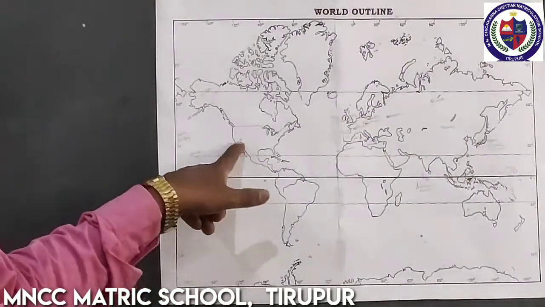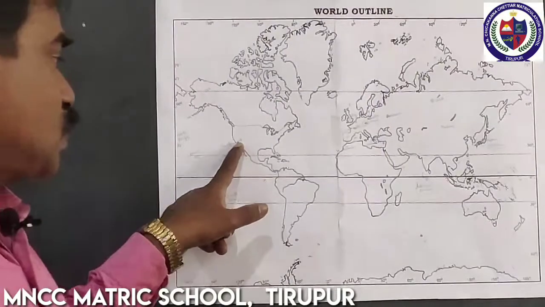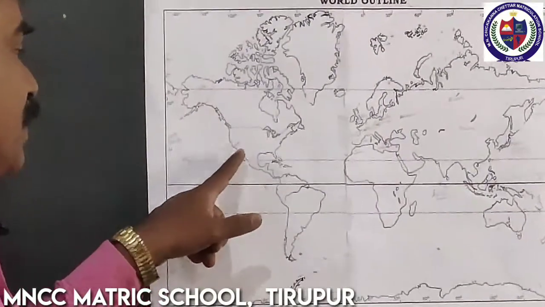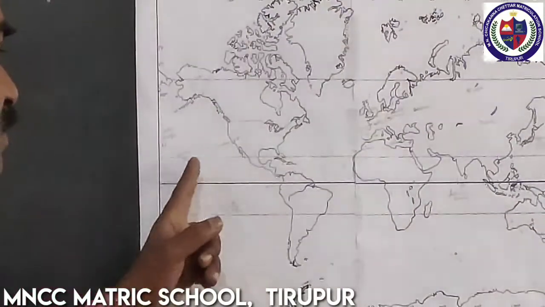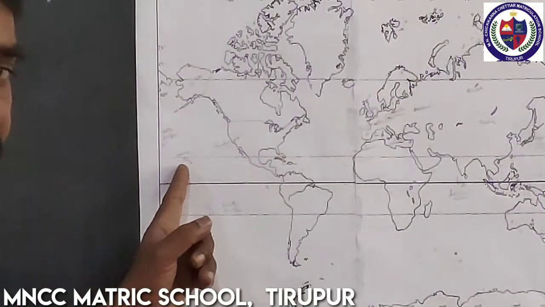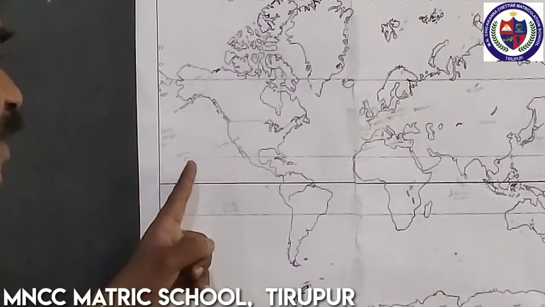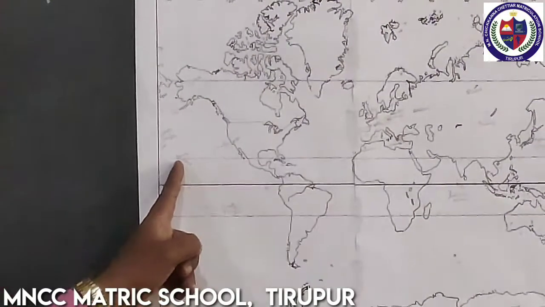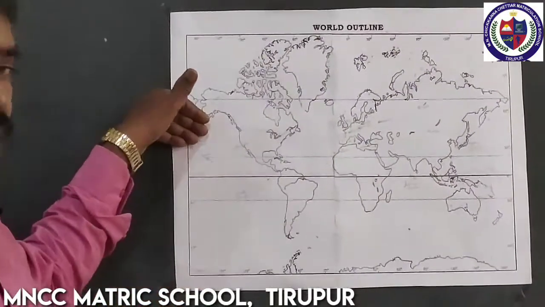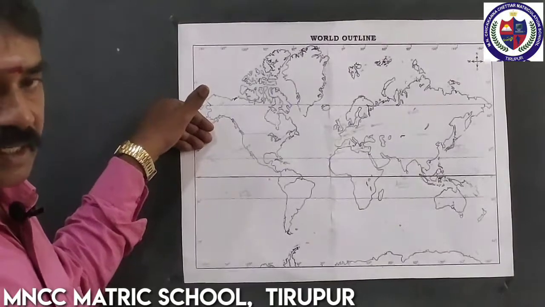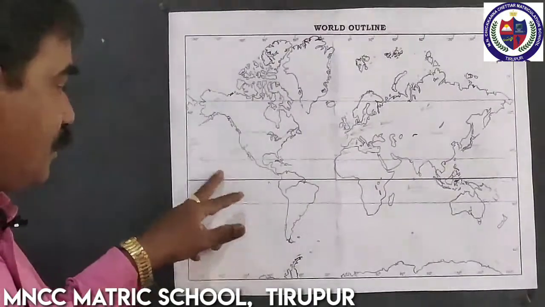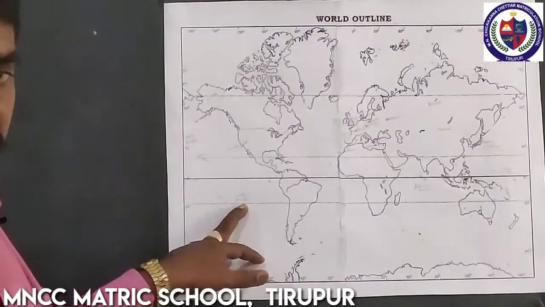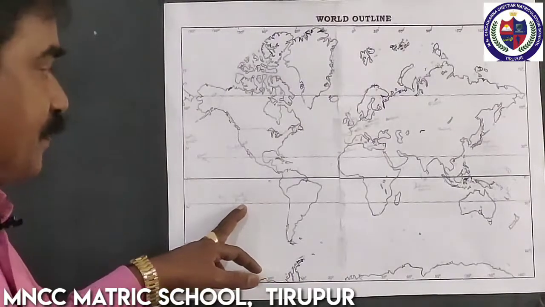Then left to this is some islands there. This is Hawaii Islands. And here is North Pacific Ocean. And down to Hawaii is South Pacific Ocean.